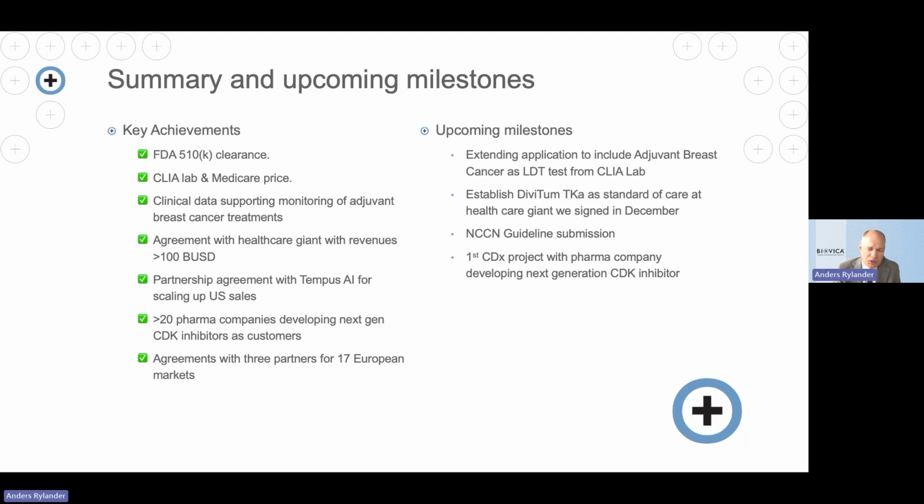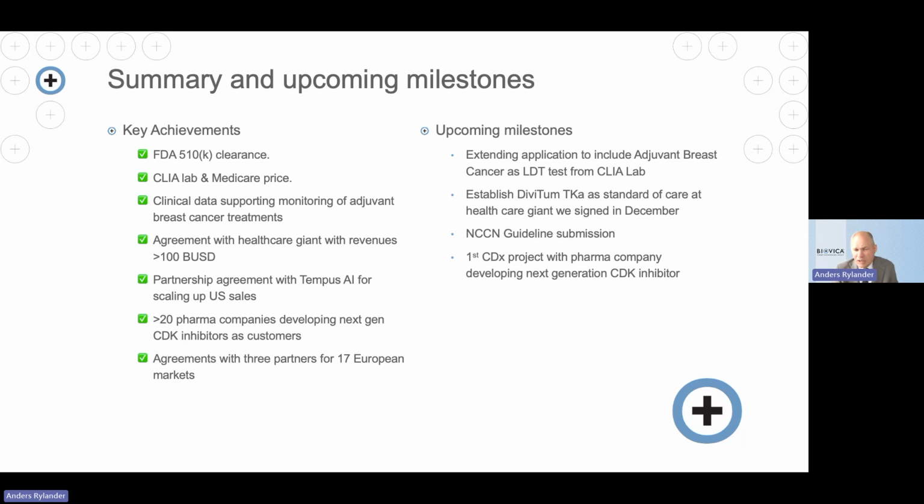We also are looking to close that protocol for the clinical trial, get it through IRB, and start enrolling patients with the ambition to establish DiviTum as a standard of care for the healthcare giant we talked about, that we signed a frame agreement with in December.